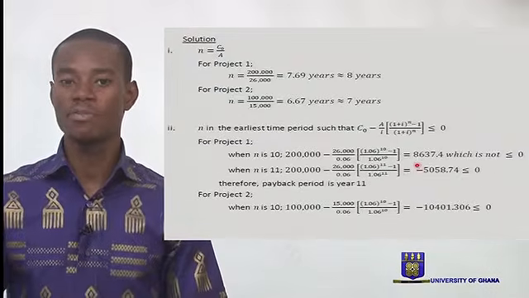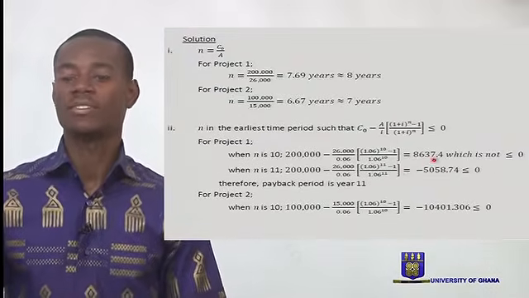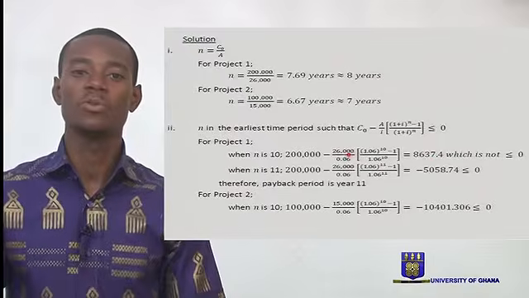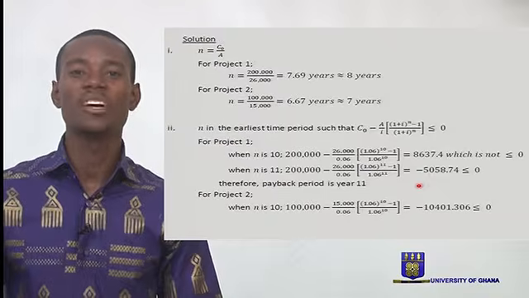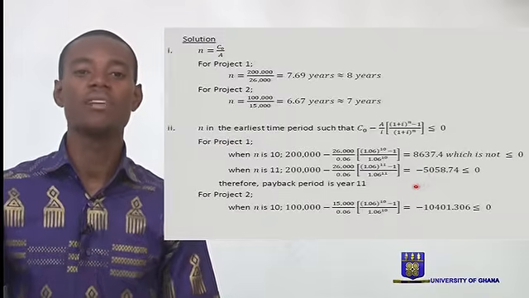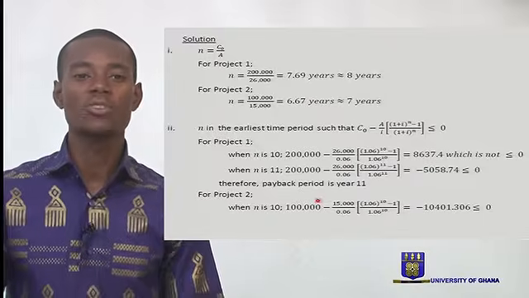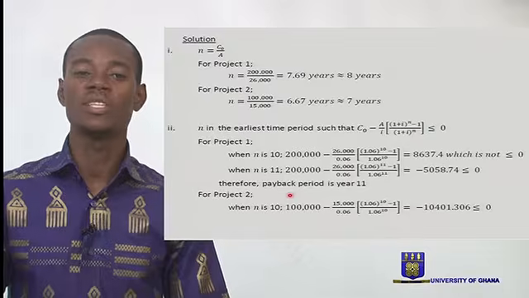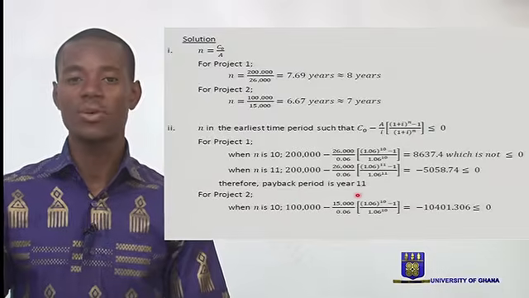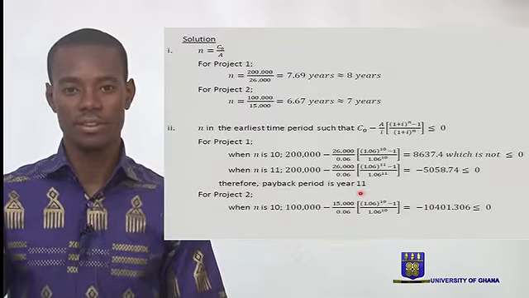As at period 10, I hadn't recovered my initial investment of 200,000. And so it is obvious that in period 11, I would have finished recovering the entire 200,000. And so my payback period for this uniform cash flow, where my interest rate is 6%, which is greater than 0, is in year 11.